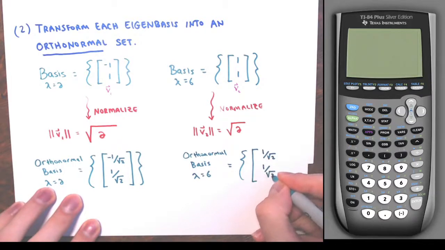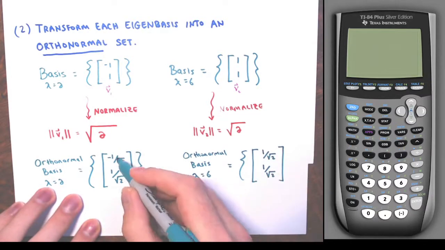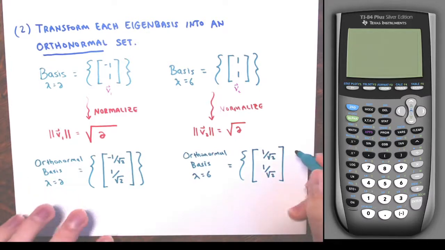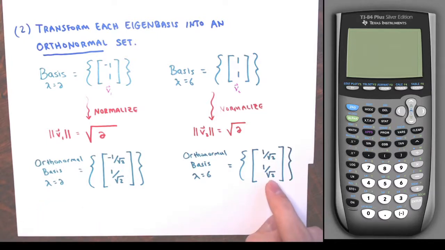If you want to rationalize these, you can, make them into square root of 2 over 2, but I'll leave them this way, which is totally fine. And this orthonormal basis vector is going to be the second column of my matrix P.